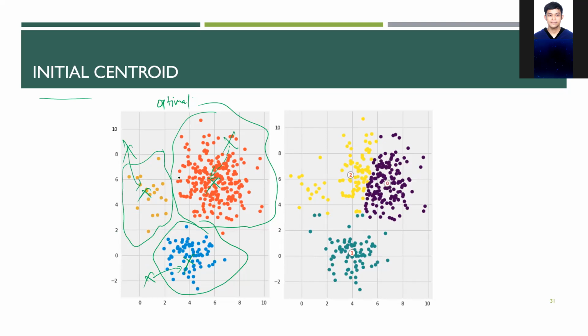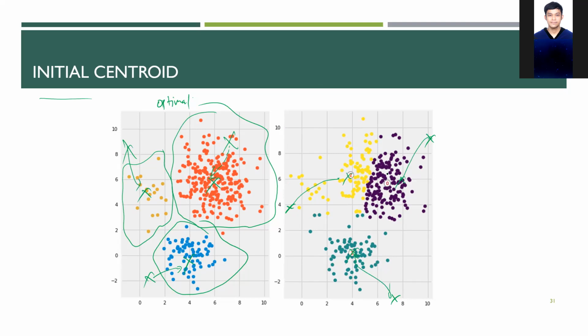But sometimes we run again, and this time we are not lucky enough. The initial centroids, for example, are one here, and one here. Over the iterations, the first centroid will move to here, the second centroid moves to here, and the third centroid moves here.